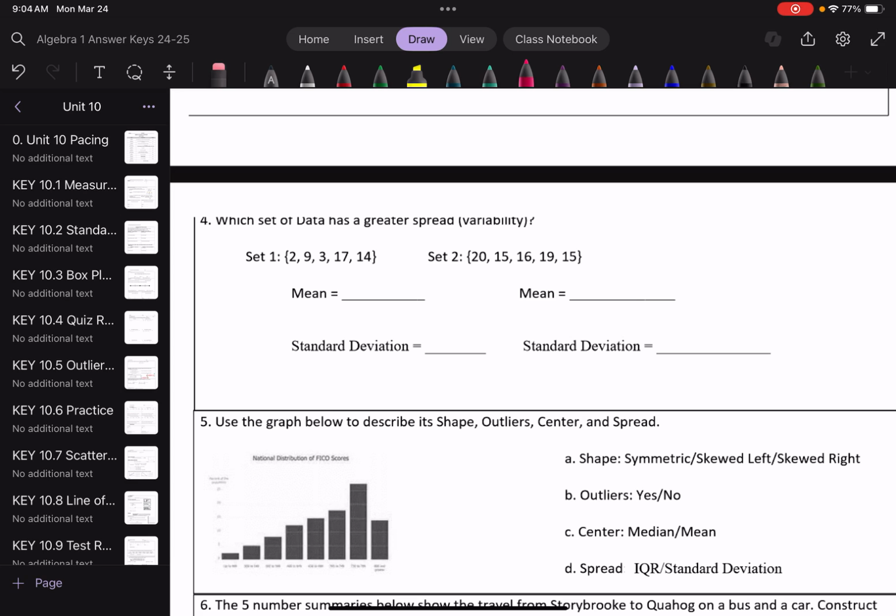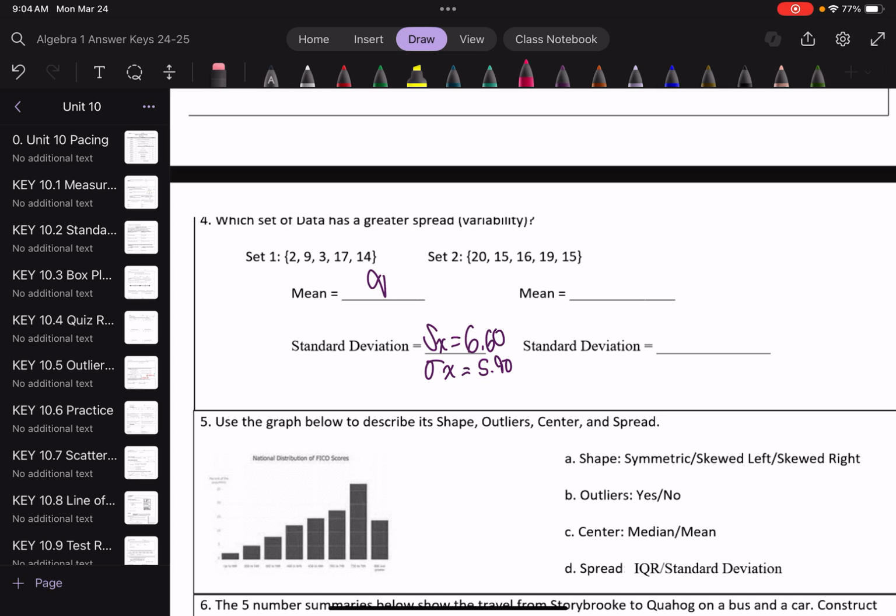For my first set, I'm going to use purple, and I'm going to say that set 1 has a mean of 9. And I'm going to say that it has an Sx. It says 6.595 in my calculator, so I'm going to say 6.60. We can also look at sigma x. Why not? So the entire population is going to have 5.899, which is going to round up to 5.90.